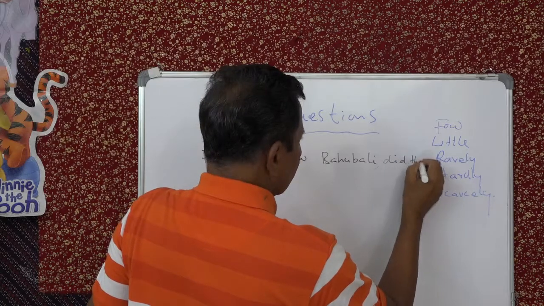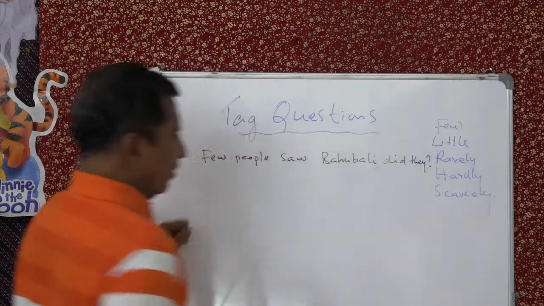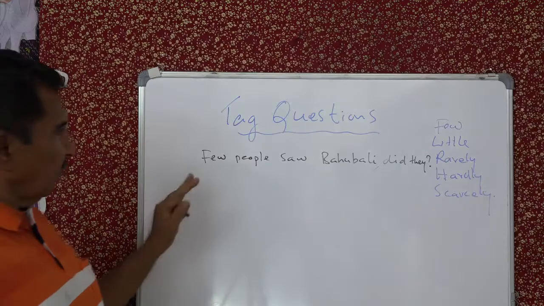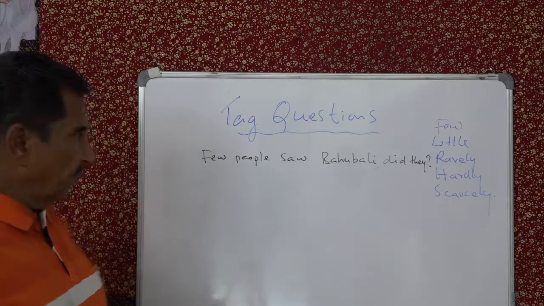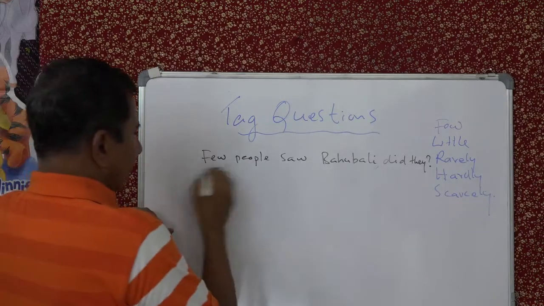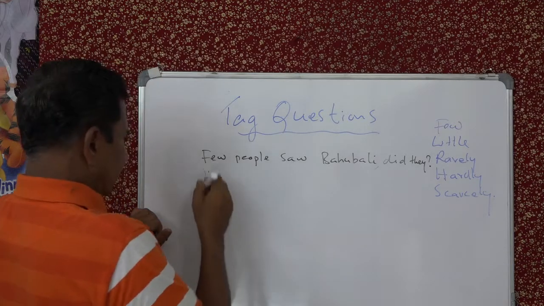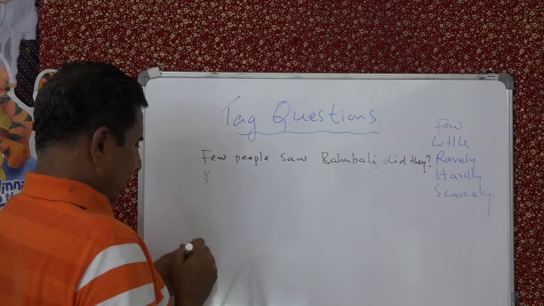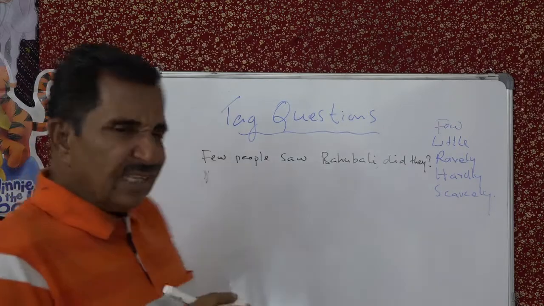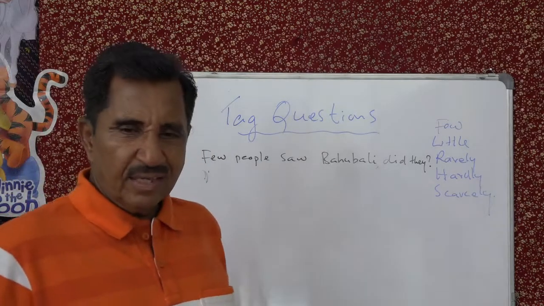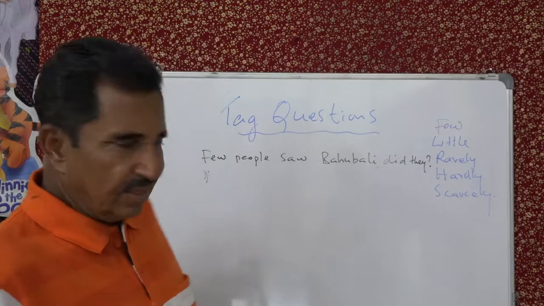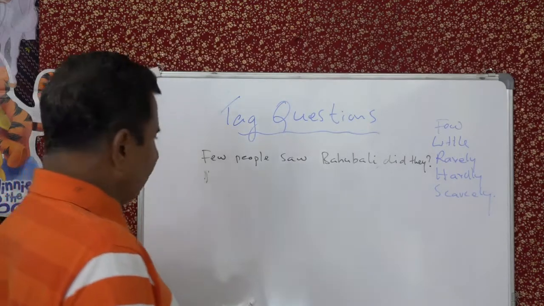Did they? Because few people saw, few is negative. Then, there is little water in the well. See? There is little water in the well.